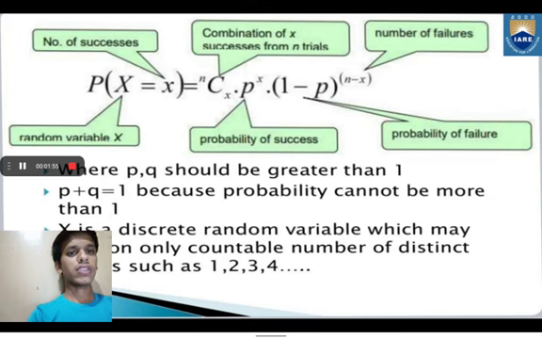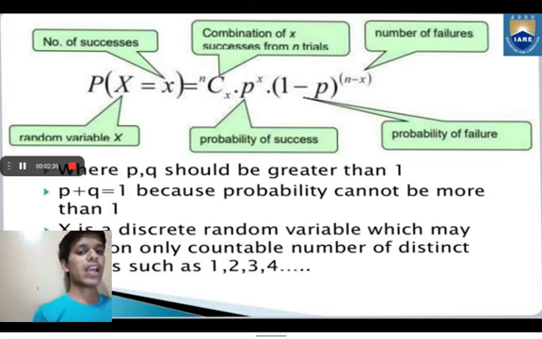So this is the formula of binomial distribution, that is P(X = x) = nCx p^x q^(n minus x), where q can be written as 1 minus p, to the power n minus x. Here capital X denotes the random variable and small x denotes the number of successes, and nCx is the combination of x successes in n trials, p is the probability of success and q is the probability of failure.